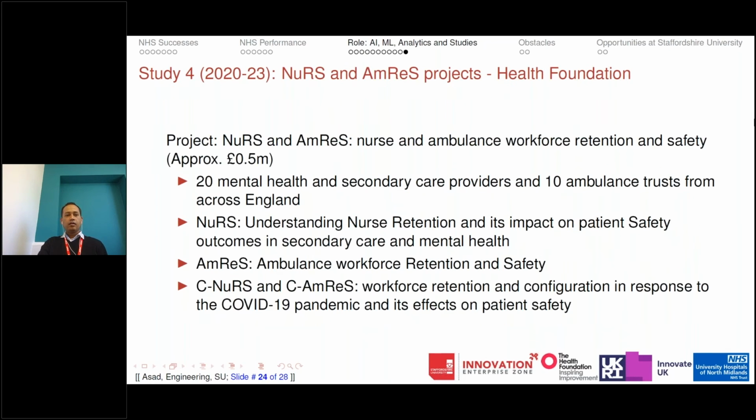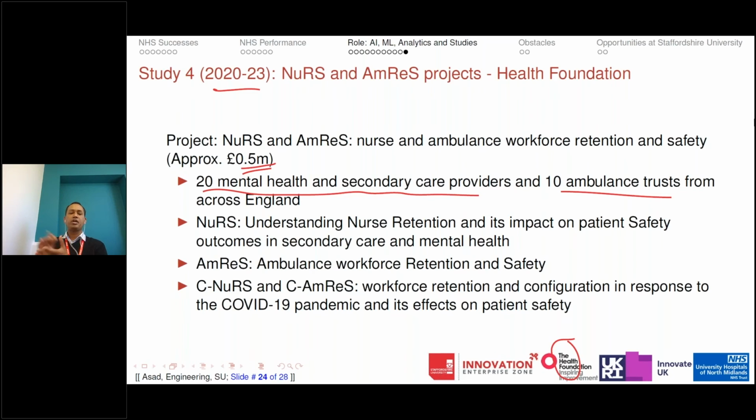Okay. This is an ongoing project from the Health Foundation. It is a $500,000 project. So I will be overseeing the data analytics and quality assurance side of this project. 20 mental health and secondary care trusts are involved, and 10 ambulance trusts are involved.